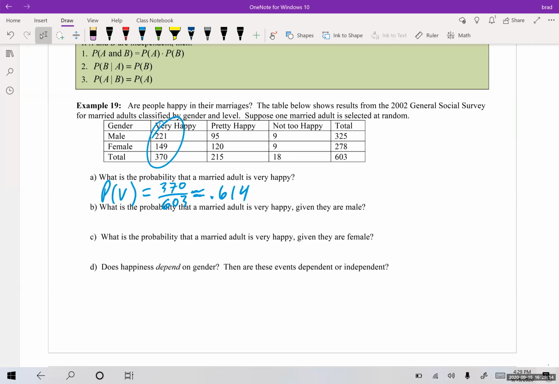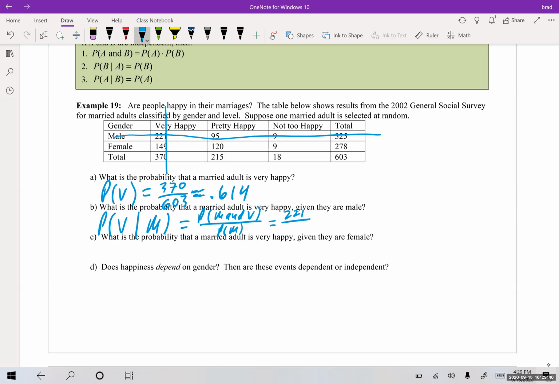Okay, so what is the probability that a married adult is very happy given they are male? So probability of very happy given they are male. What we're going to do is use our formula again, probability of male and very happy divided by probability of male. So male and very happy, we go like this and we go like this, and that's 221 divided by probability of male.